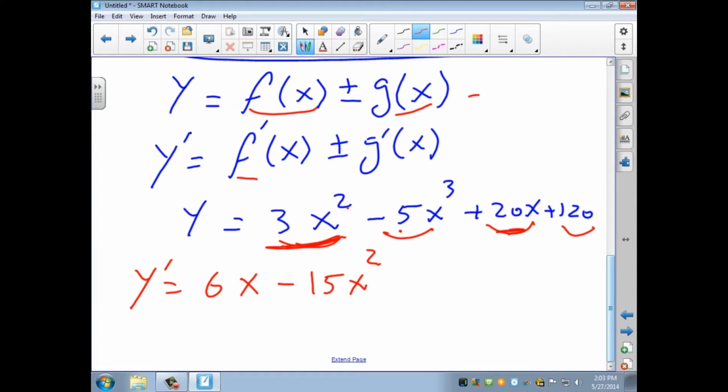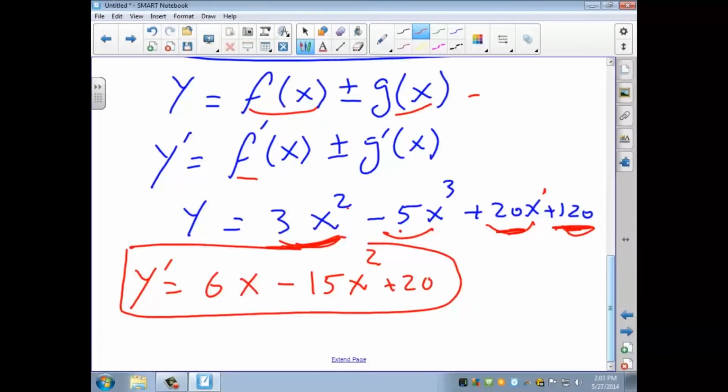Next, 20x, 1 comes to the front, it would be a plus 20, and then you would have x to the 0 power, which is 1 when you subtract 1 from this power. Therefore, I don't need to write it. And finally, the derivative of constant 120 is 0. So this would become the derivative of your function. Derivative of this would be this.